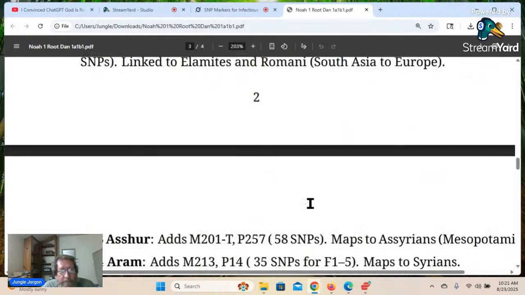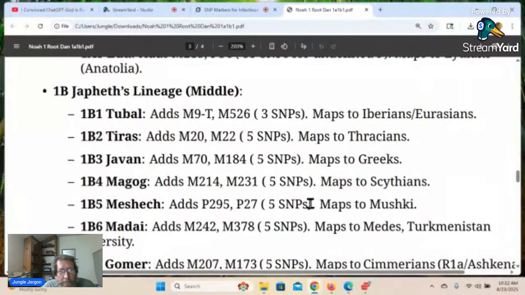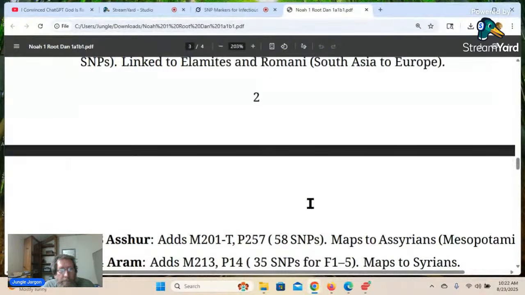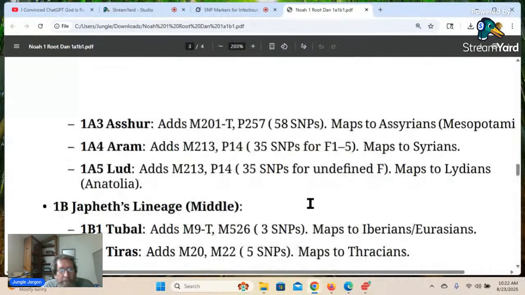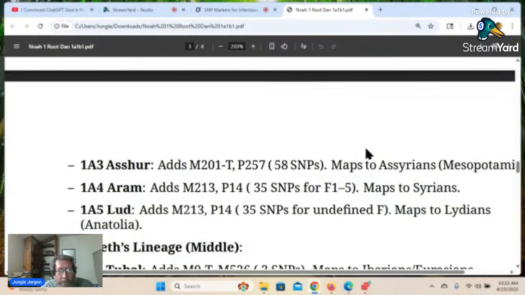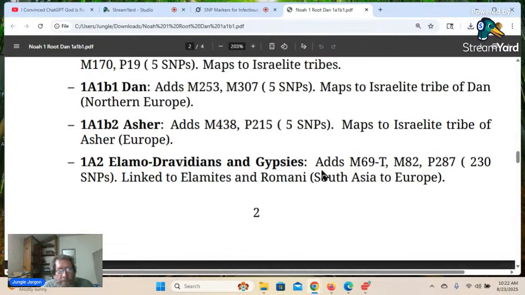The IJK-root model, with Noah as 1 and the alphanumeric numbering, 1A Shem, 1B Japheth, 1C Ham, grandsons like 1A1 Arphaxad, 1A1A J Abrahamic, 1A1B2 Asshur, 1A2 Elamo-Dravidians and Gypsies, 1C3A Nimrod Sargon of Akkad, 1C2H Sino-Tibetans, is designed to align closely with historical records and the Table of Nations, Genesis 10, set around 2500 to 2300 BCE.